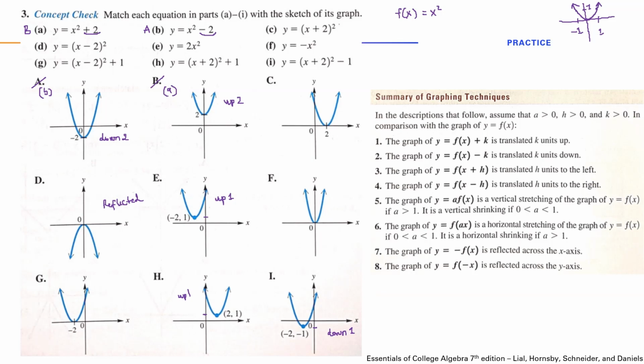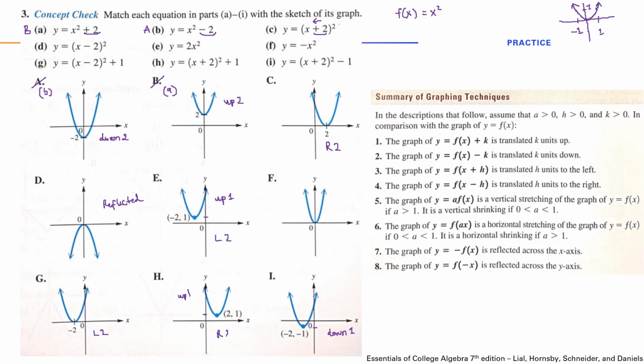Okay, now C, that inside plus 2 means go to the left. Go left 2 units. This is right 2 units. This is left 2 units. This also left 2 units.